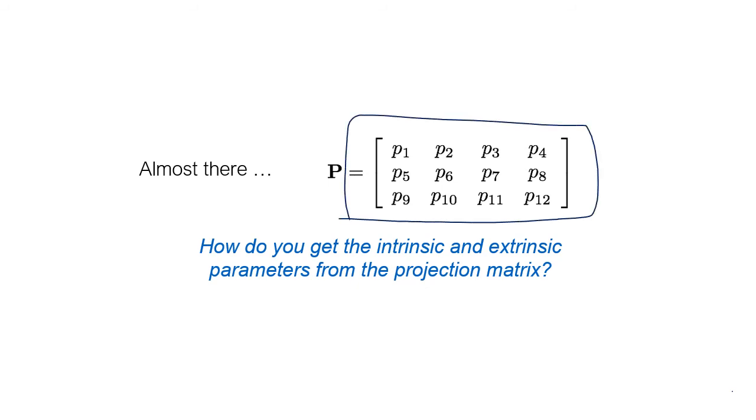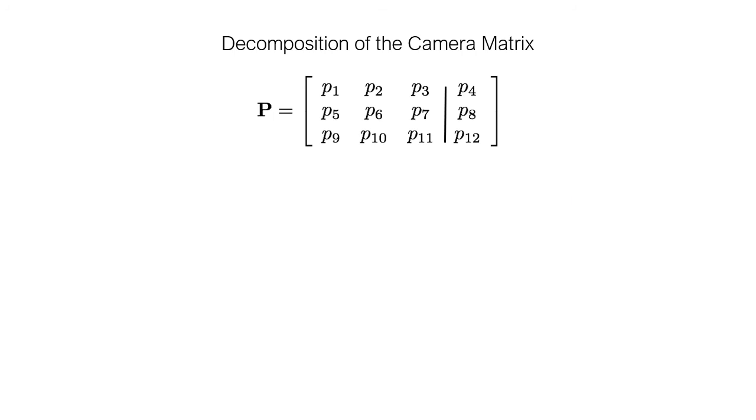We want to know some relationship between the world coordinate and the camera coordinate. Also, we want to know the focal length and central projection in some applications. We simply divide this projection matrix into 3 by 3 and 3 by 1.